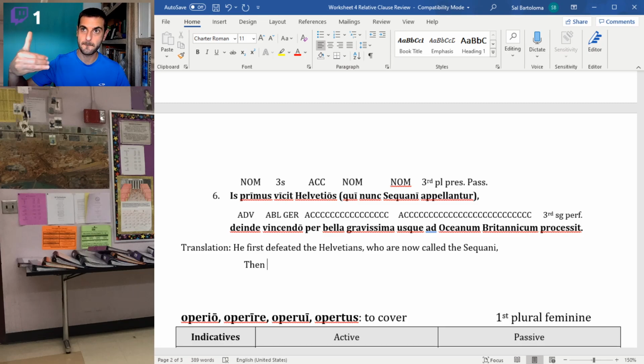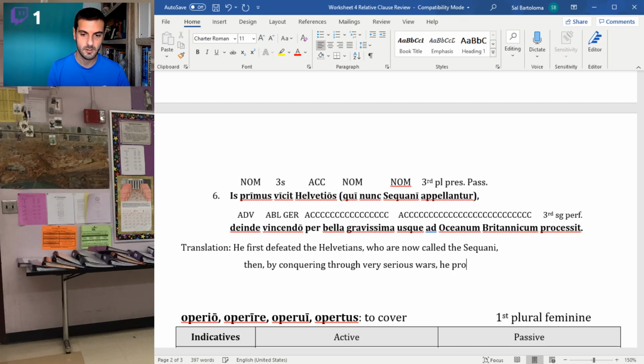So he first defeated the Helvetians, and then vincendo, by conquering, by defeating, right? Per bella gravissima, through very serious wars, right? Very heavy wars, processit.